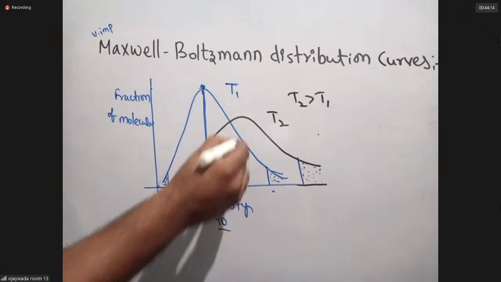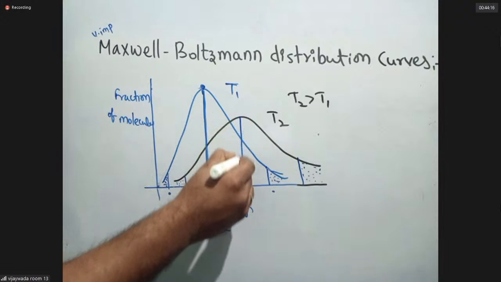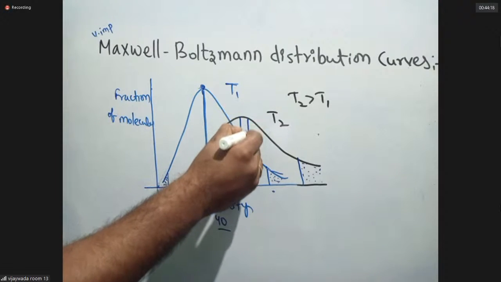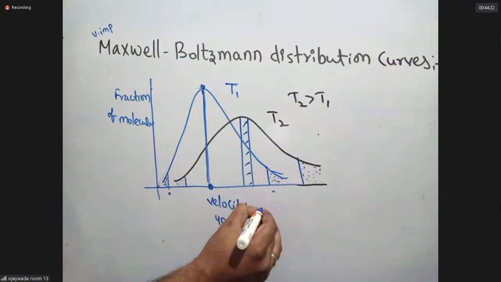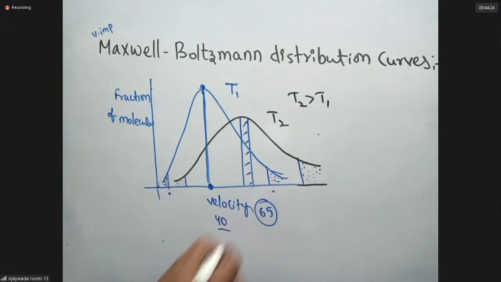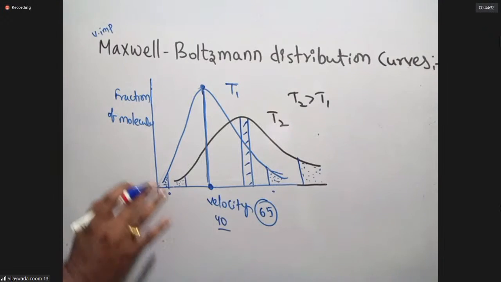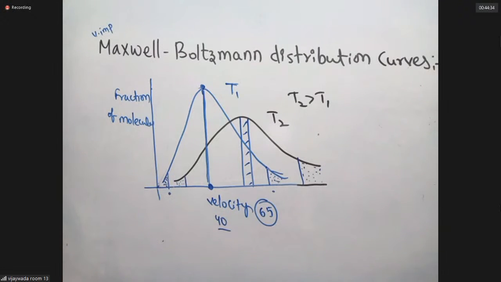But when temperature increases, see this curve. Under this area, more molecules are present. Here maybe 65 molecules have the most probable velocity. So you can apply the same condition to the students. Without a teacher, they are not studying.